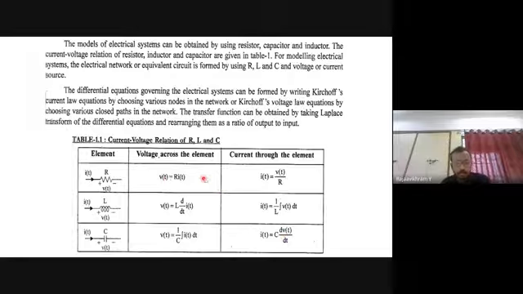The resistance expresses the characteristics of the dashpot, but in the voltage case the inductance represents the mass and the capacitance represents the spring. In the current case, the mass and the spring are exactly reciprocal. This is the only difference we have to point out. You have to remember this.